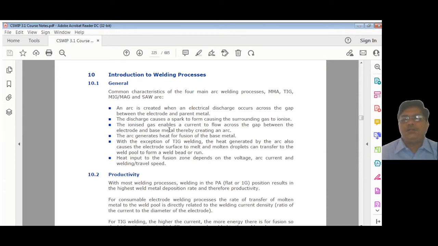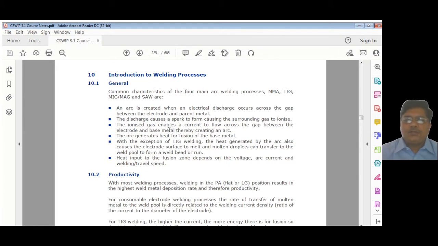An arc is generated when an electrical discharge occurs at the gap between the electrode and the parent material. What they are doing is taking AC voltage and putting it through a transformer, which converts AC into DC voltage, and then it is filtered, and if required passed through another transformer, and then it comes out of the welding machine as positive and negative.